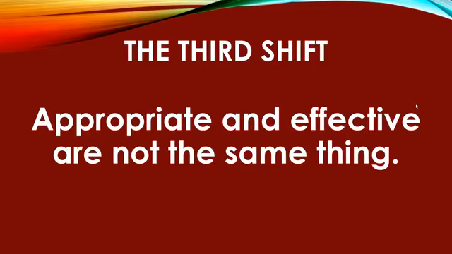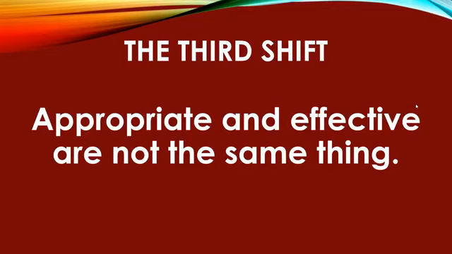If something is appropriate, it means that this is what society has deemed acceptable in a certain situation, sometimes for good reason, but sometimes it's just because that's what we've gotten used to. It's like, this is the way we've always done it.